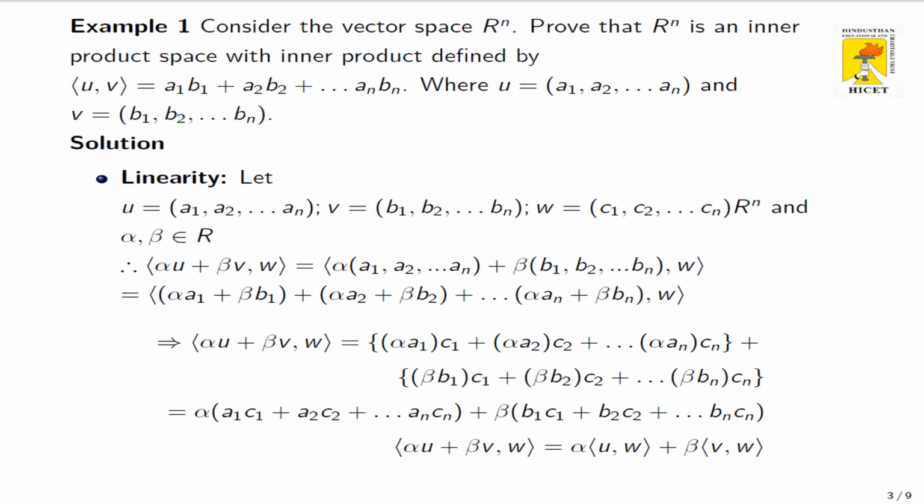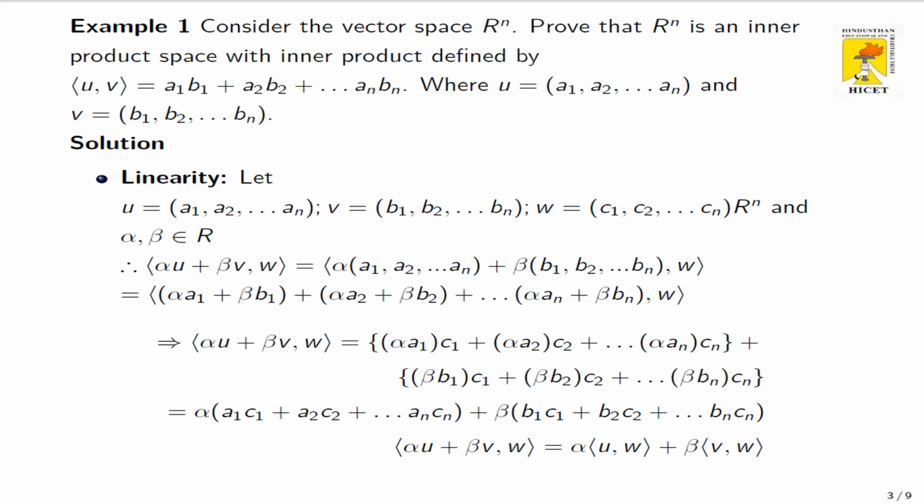First one, linearity. That is, inner product of alpha u plus beta v comma w equal to alpha into inner product of u comma w plus beta into inner product of v comma w. Consider the LHS: inner product of alpha into a1, a2, up to an plus beta into b1, b2, up to bn, comma w.